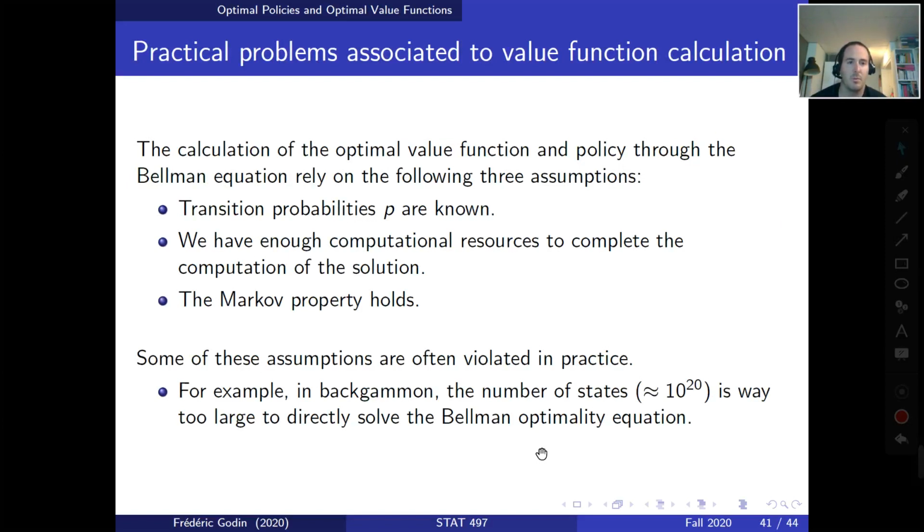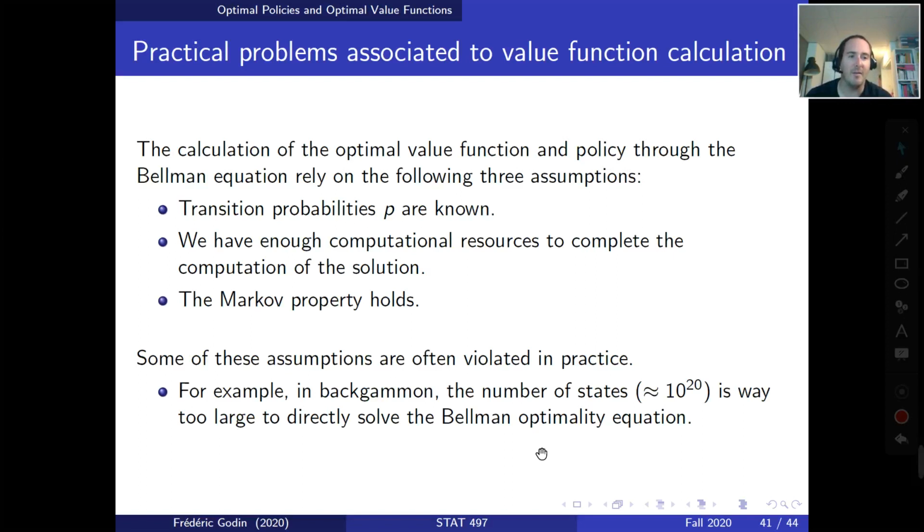So if we want to solve a reinforcement learning problem, it seems that this boils down to finding the optimal value function, because once we know the value function, we know the optimal policy. So this is great. What we want to do is find the optimal state value function.